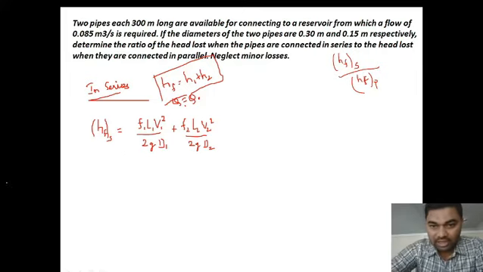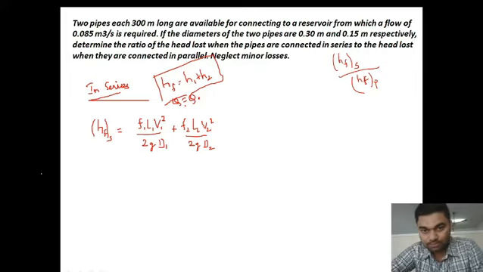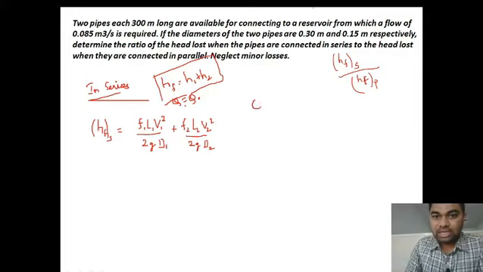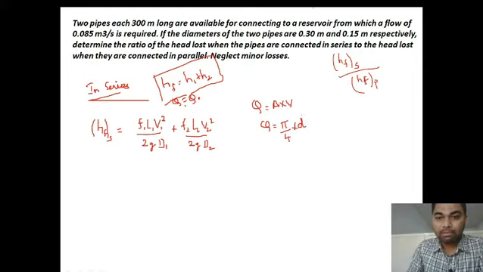We know that discharge is equal to area into velocity. Discharge is pi by 4 d square into velocity.